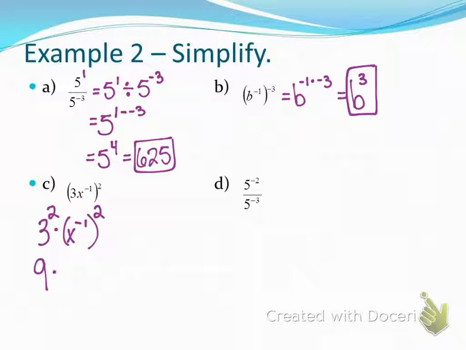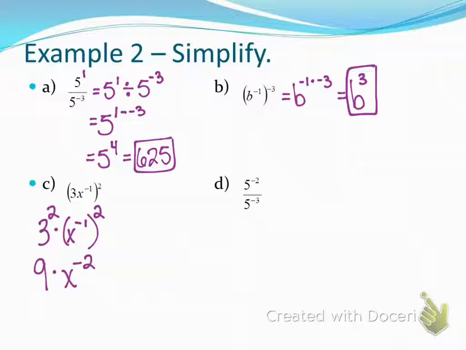And then on the next part, what rule should we apply here? I think I heard someone say it softly. Power of a power. Power of a power means we do what with those exponents? Multiply. Negative 1 times 2 is negative 2.